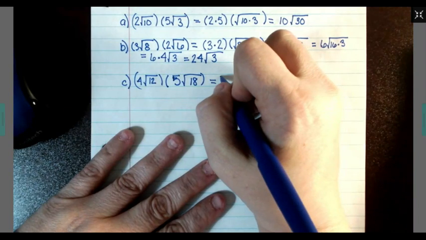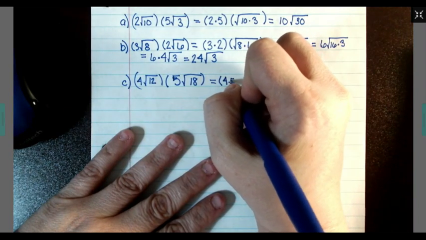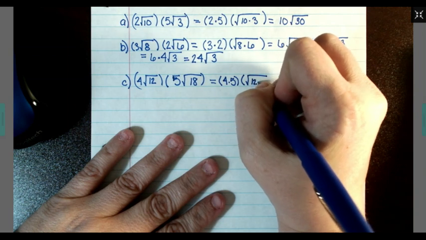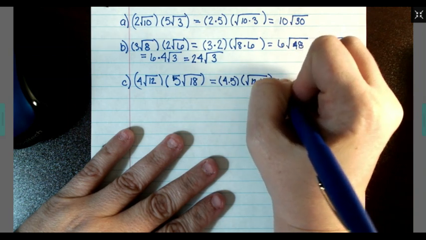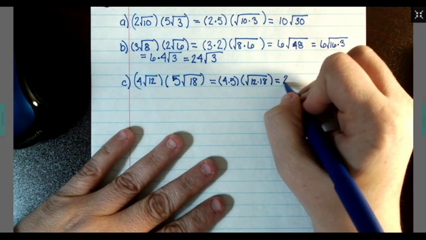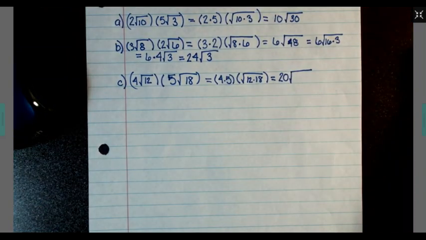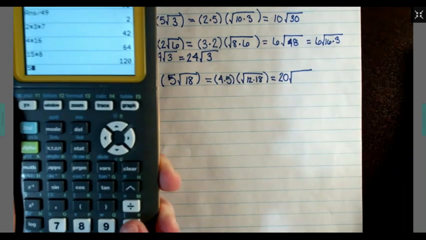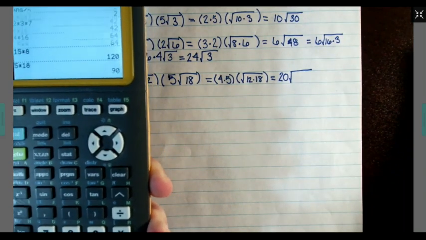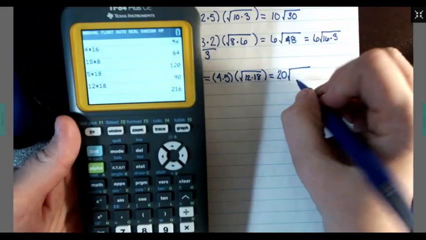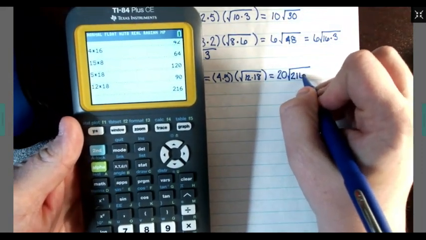So we have 4 times 5, and then we have square root of 12 times 18. That's 20 square root, let's see, 5 times 18, nope, sorry, 12 times 18. Got a little carried away there.